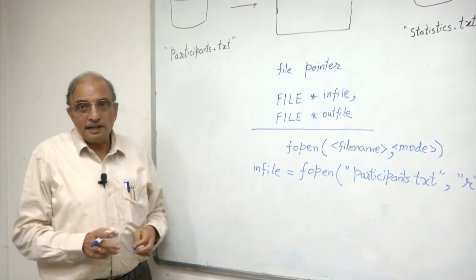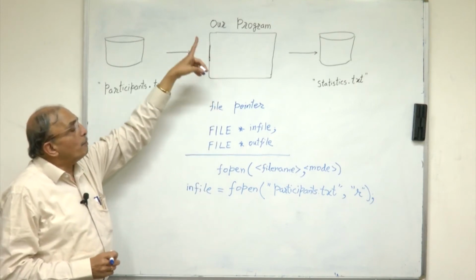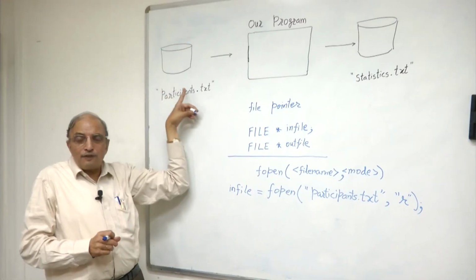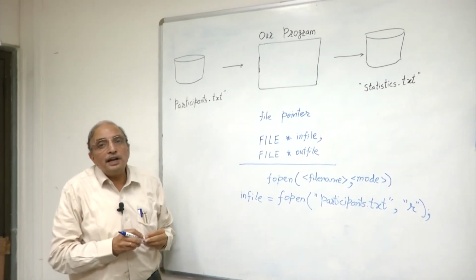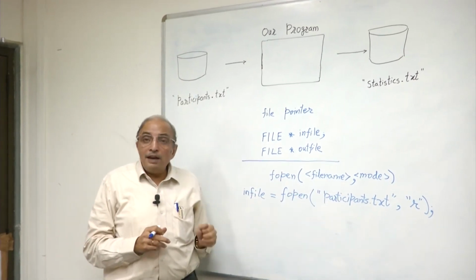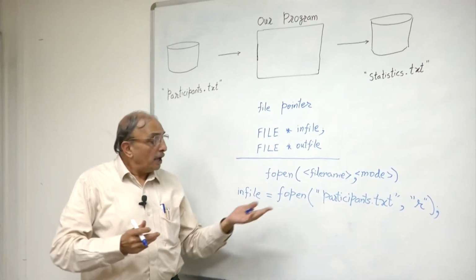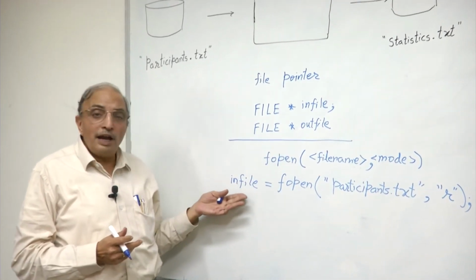There are two possibilities. One, of course, the program with the help of the operating system is able to locate this file and open it for reading operations, but there is a possibility that the file does not exist. Maybe we have misspelled the name, in which case what pointer will get assigned to infile?